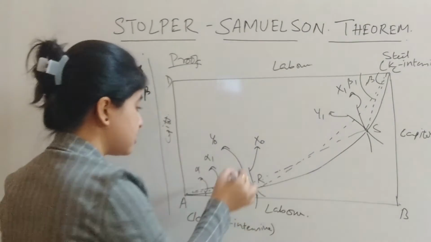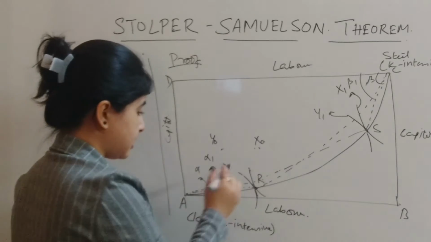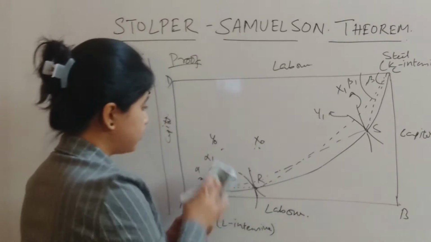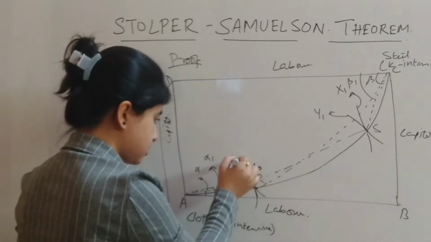Let's draw the price line at the autarky position and at the place when the trade is taking place. For this I have to erase these lines. I hope you have marked it in your copies. And this is x0.